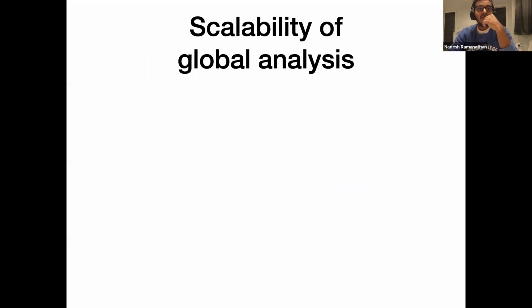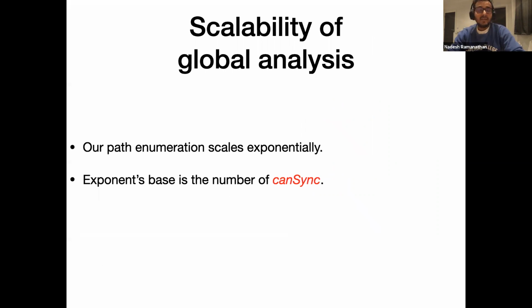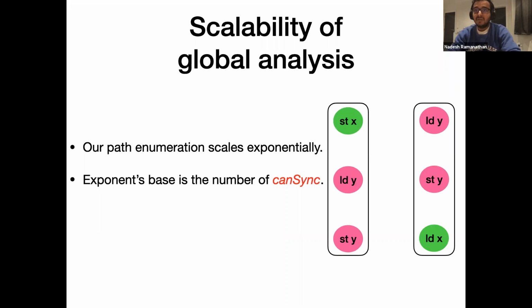And the main issue that we stumbled into at the beginning of our work was that our path enumeration can scale exponentially, and the base is the number of edges that go across threads, so the possible synchronization opportunities.